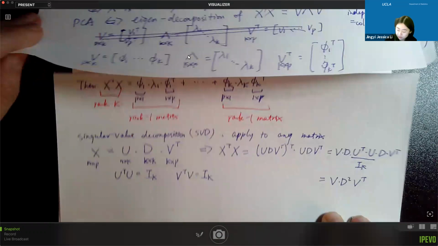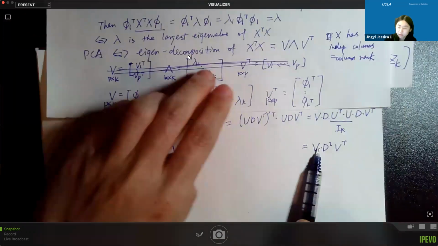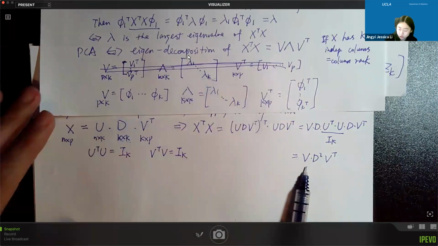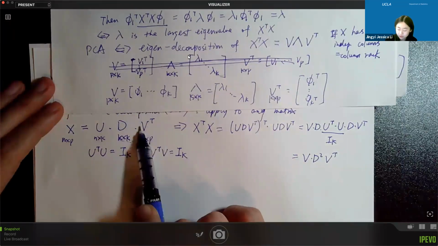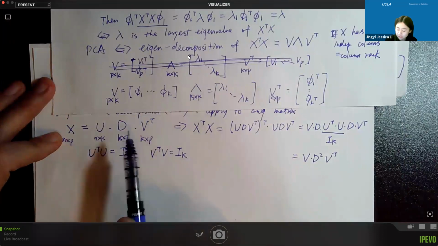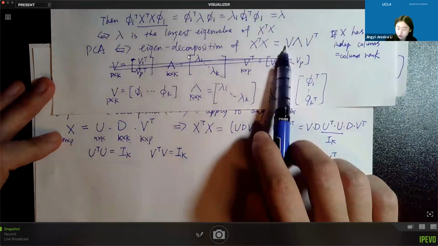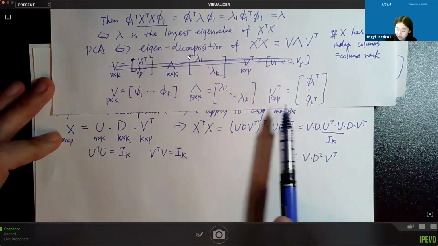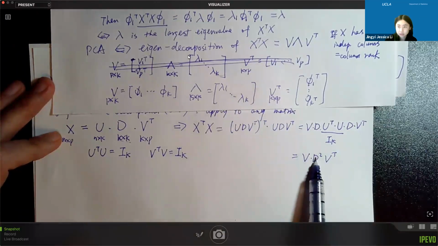If you compare this with the eigen decomposition, you see the V is the same V. In other words, the right singular vectors you obtain by SVD are exactly the eigenvectors of X transpose X, and lambda 1 to lambda k are just the squares of the singular values.